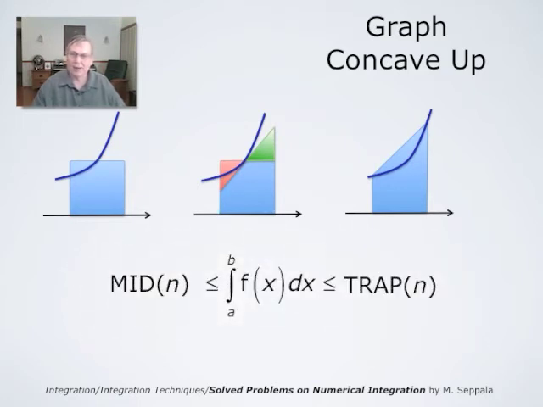So we conclude that if the graph is concave up, then mid-n is at most the integral from a to b of f of x dx, and this is at most trapezoidal approximation n, for all values of n. And these mid and trap approximations are better than left and right approximations.